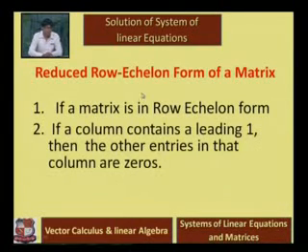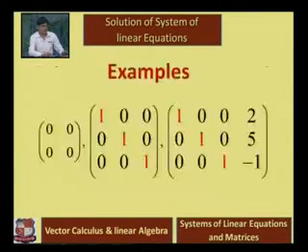This is the reduced row equivalent form of a matrix. If the matrix is in row equivalent form, that means it satisfies the three conditions of row equivalent form, plus one more condition: if a column contains a leading one, then the other entries in that column are zeros. Means, if any column contains a leading one, then except for that leading one, all the entries in that column must be 0. And here are some examples of reduced row equivalent form.